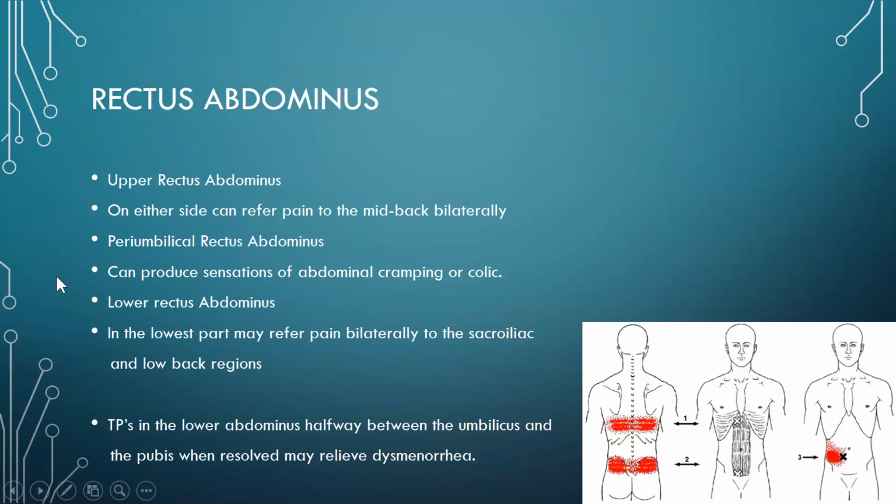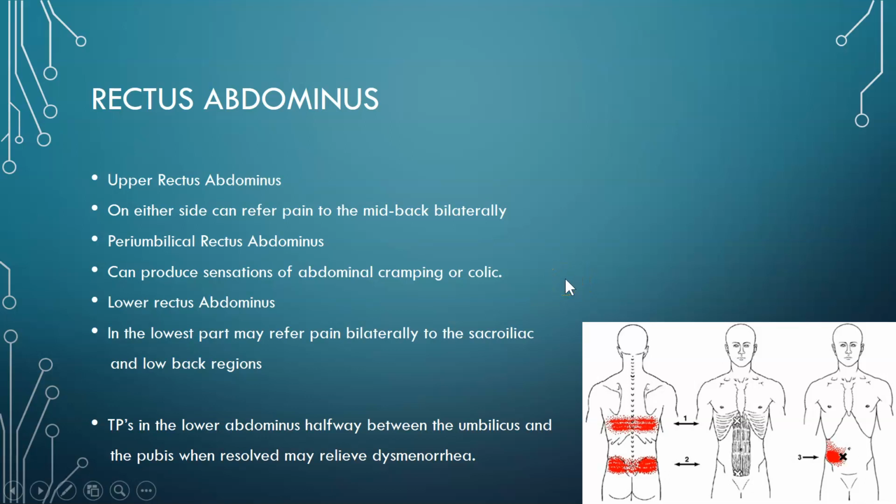Rectus abdominis, we tend to find the trigger points here at the top or down here by the pubic bone in the bottom. The upper rectus abdominis on either side can refer pain to the mid-back bilaterally. Periumbilical rectus abdominis can produce sensations of abdominal cramping or colic, meaning upset stomach.